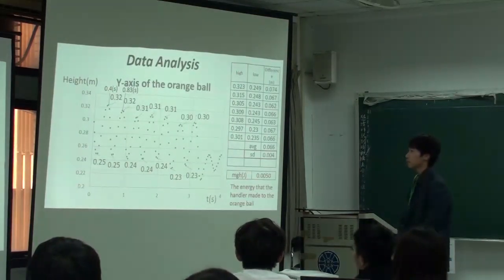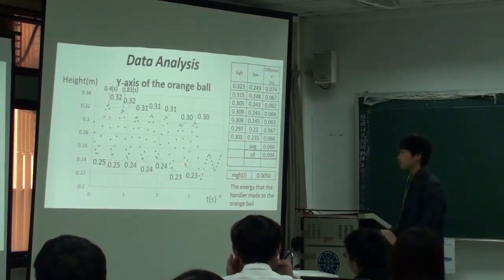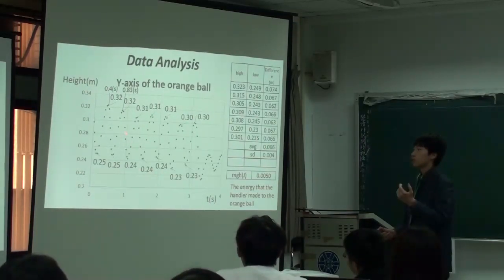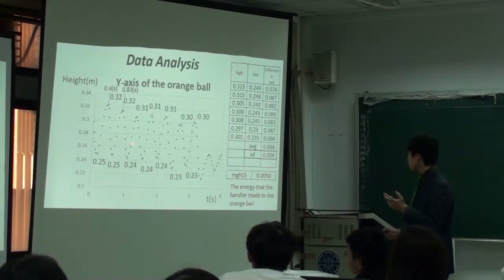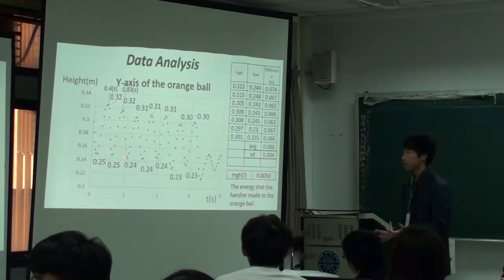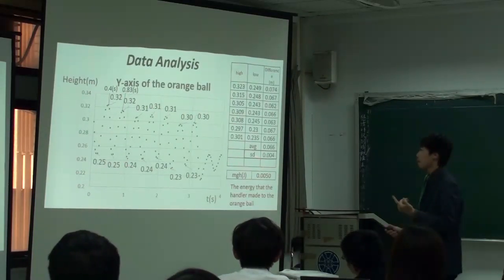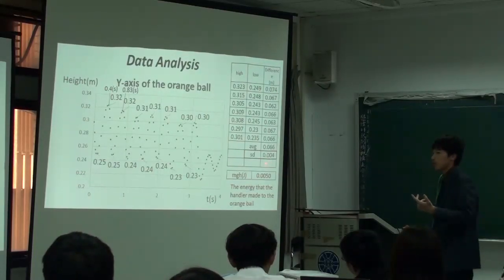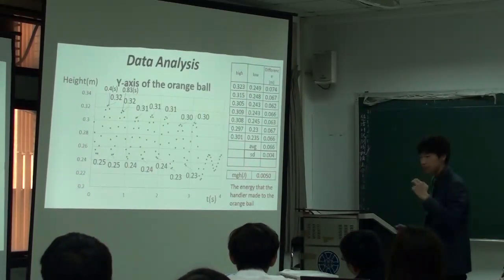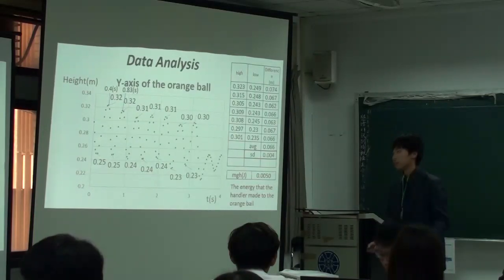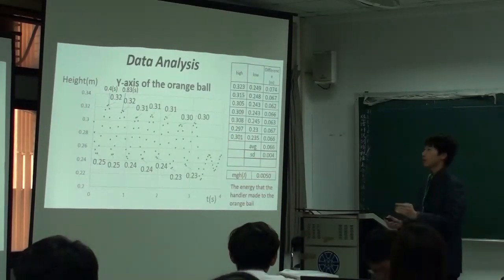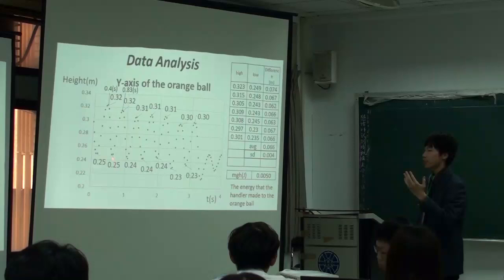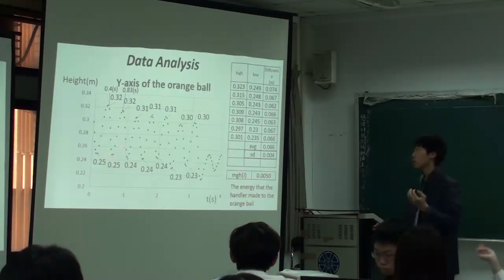Data analysis. I use my hand to do the experiment, but as you can see, my standard deviation is 0.004, so it's smaller than 1 centimeter. And every high point minus lowest point is almost the same.